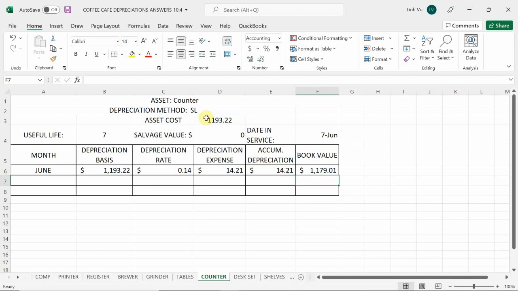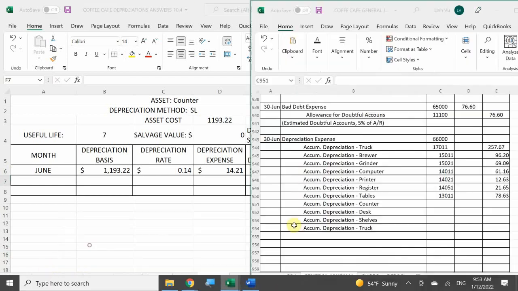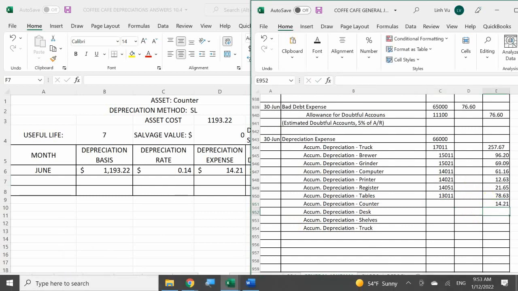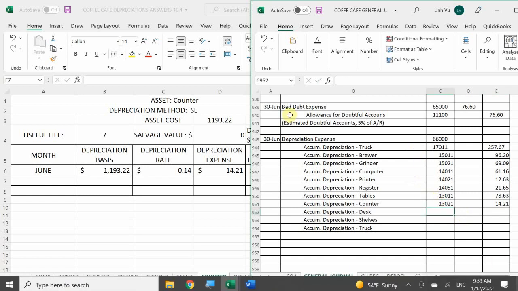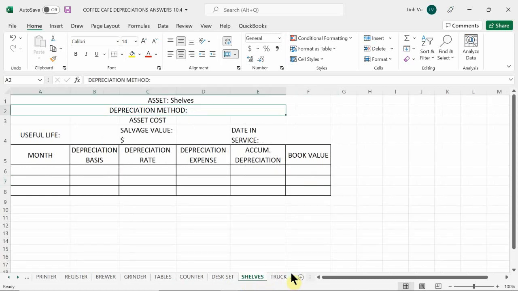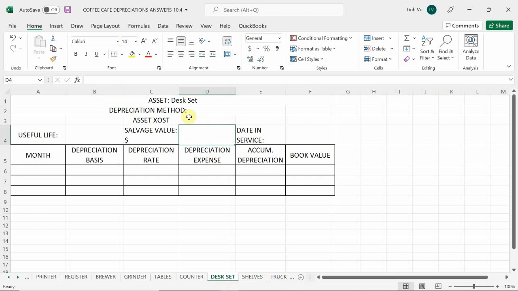Okay. $14.21. Next is the desk. 7 years, no residual value.